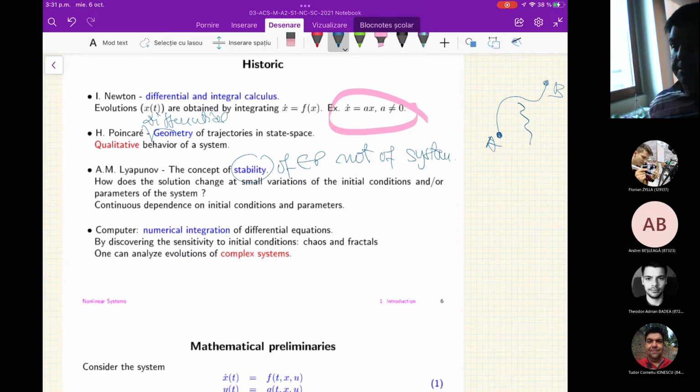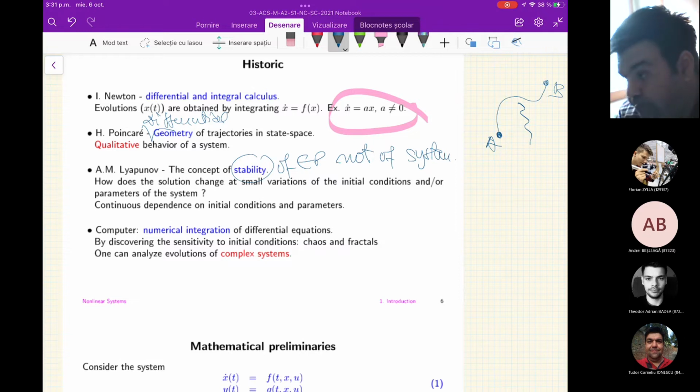Usually, this is local stability of an equilibrium point and of the behavior of the system around this equilibrium point. I know this is very fuzzy right now, but we are going to clarify these concepts once we formalize everything mathematically. We are going to talk about a lot of mathematics here. I'm sorry, but this is nonlinear systems. I can't do it otherwise.